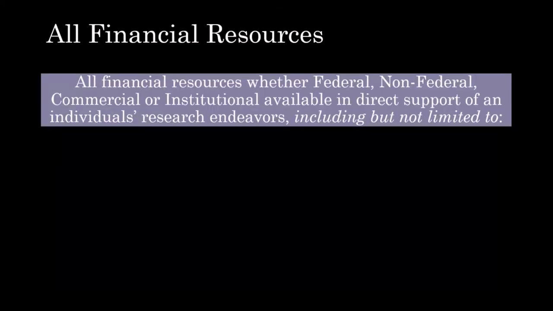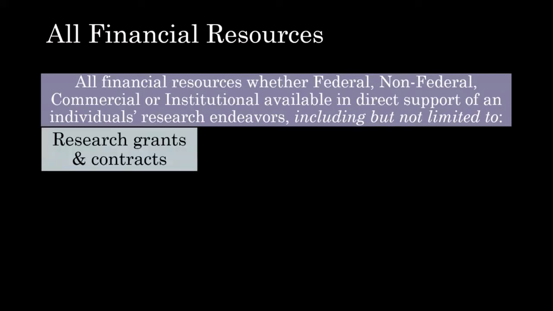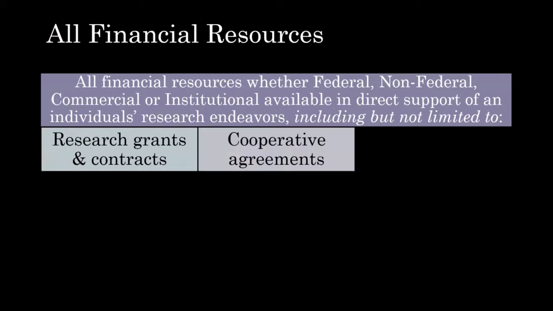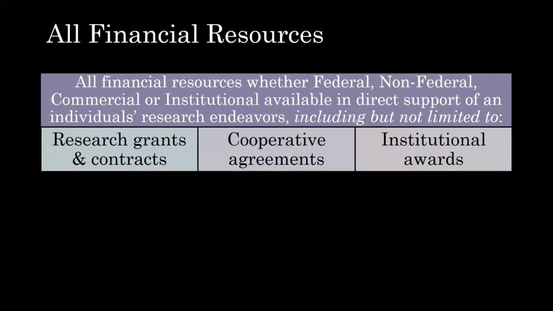So all financial resources, whether federal, non-federal, commercial, or institutional, that are available in direct support of an individual's research endeavors, including but not limited to research grants and contracts, cooperative agreements, institutional awards.